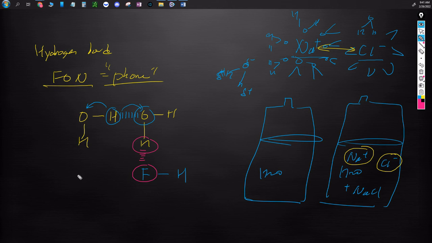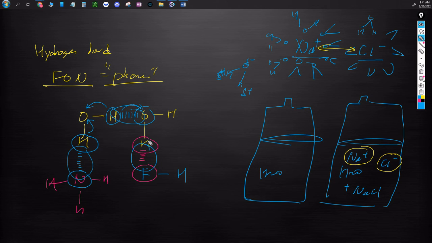Another example, ammonia: this hydrogen has one of the FONs within the molecule and another one of the FONs in the neighboring molecule, right? So they all have hydrogen bonds.